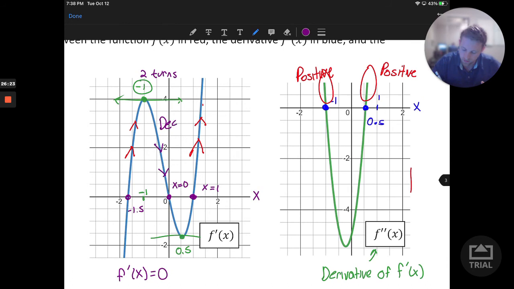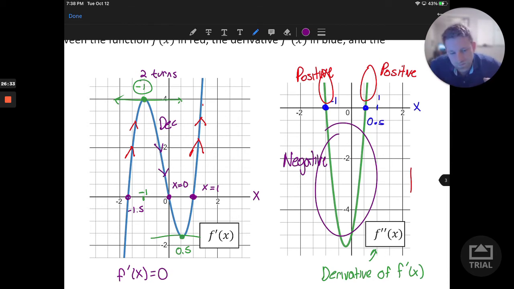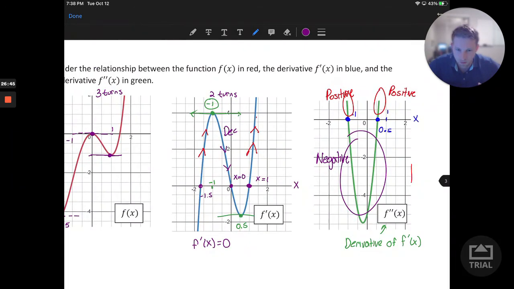That's decreasing, and therefore this portion of the graph is negative in between those two points. So that's another thing that we could do to identify our derivative. In a couple examples here, we'll take a look actually graphing our own derivative and looking through those properties.